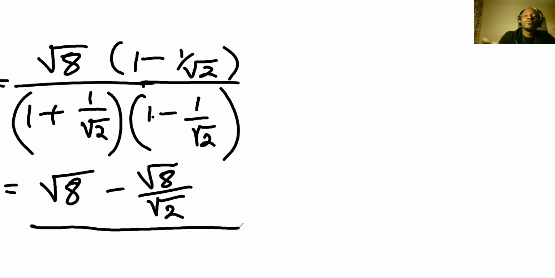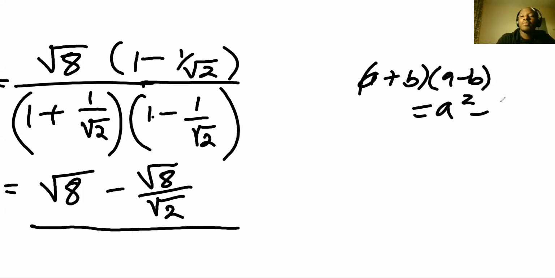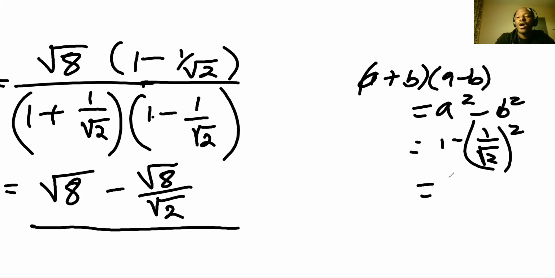Denominator, we said a plus b, a minus b is equals to a squared minus b squared. So our a squared is 1 squared, which is just 1. Our b squared is minus 1 over root 2 squared. So this is 1. 1 squared is 1.